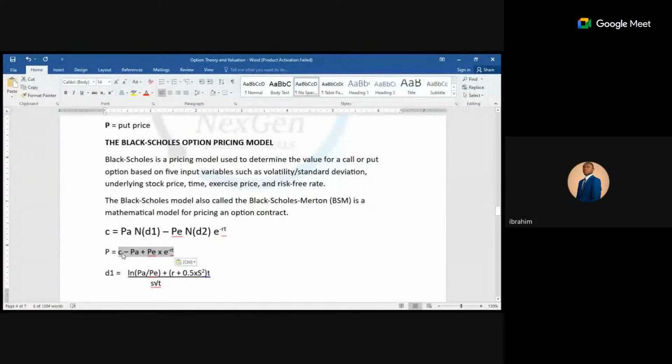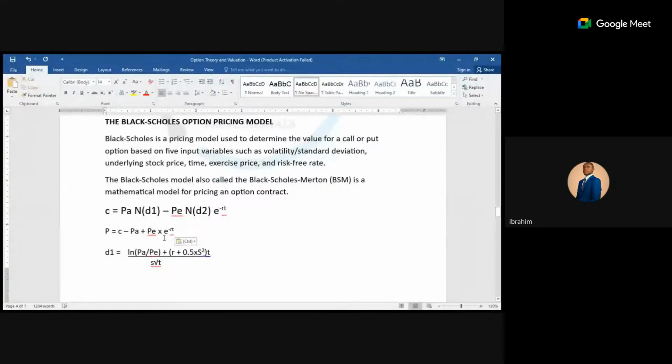The C is the call option, after you've calculated your call option. The PA is the price of the underlying asset at maturity. We've defined them, right?